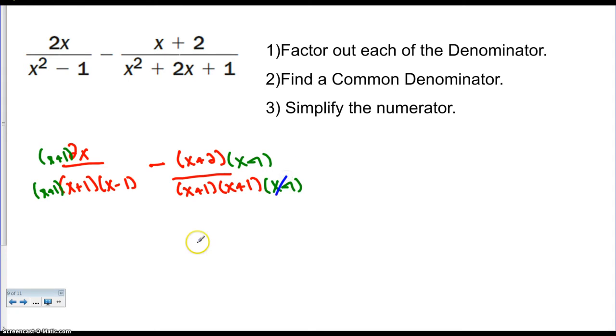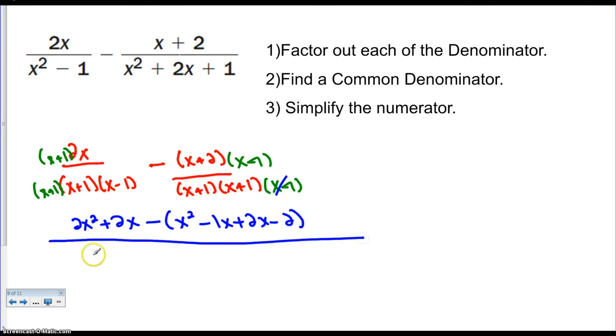What I'm going to do is distribute the 2x through, so I get 2x squared plus 2x, minus x times x gets me x squared, minus 1x, plus 2x, minus 2, all over (x plus 1) squared times (x minus 1).